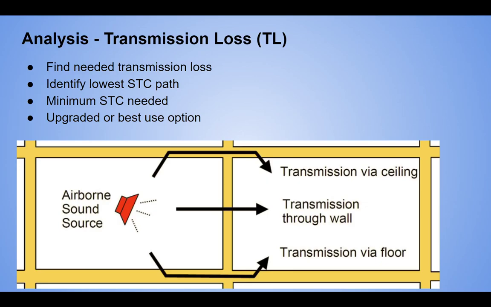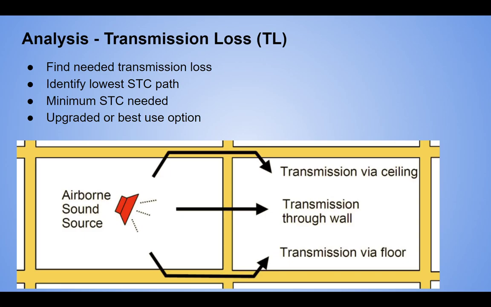We've got airborne noise in one space. To the left here, you'll see we've got something making some noise. Going over here, we've got three pathways: ceiling, wall, and floor. We need them to be equal, equivalent, similar. Otherwise, we need to take down the construction of one or the other, or beef it up to match the other two.